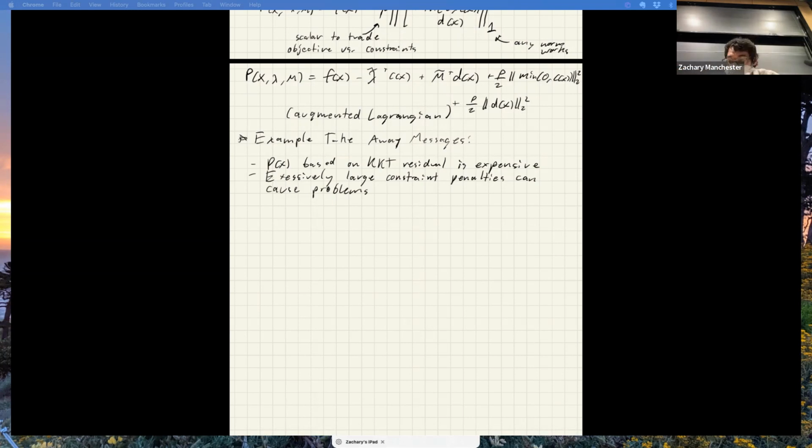So we don't like that. And in particular, the ways to fix that are fancier line searches in a lot of cases and extra tricks in your Newton solve. And then finally, these augmented Lagrangian methods come with a merit function for free, right? We can use the augmented Lagrangian as a merit function. So that's kind of nice.